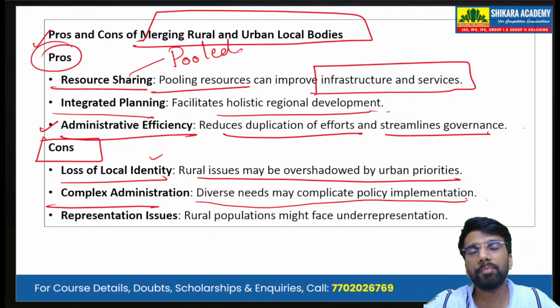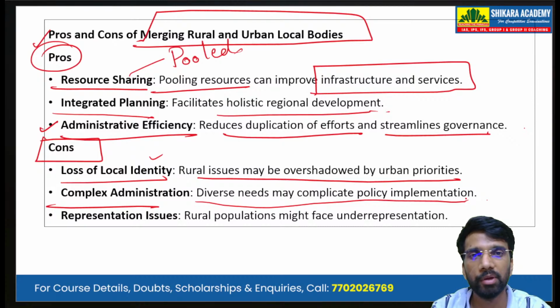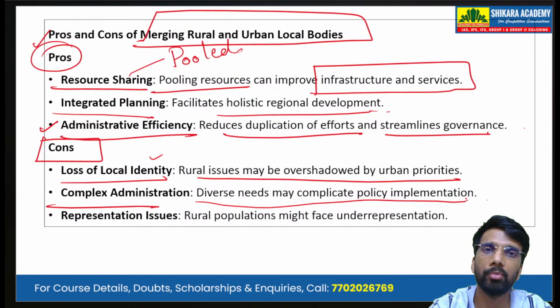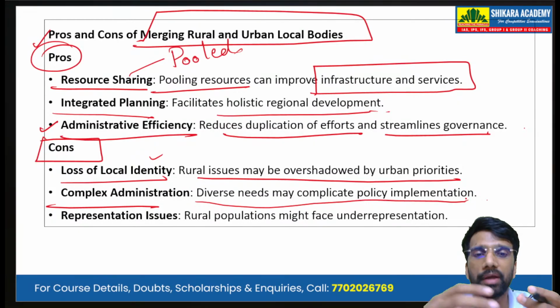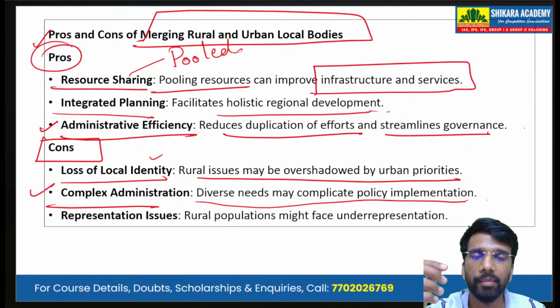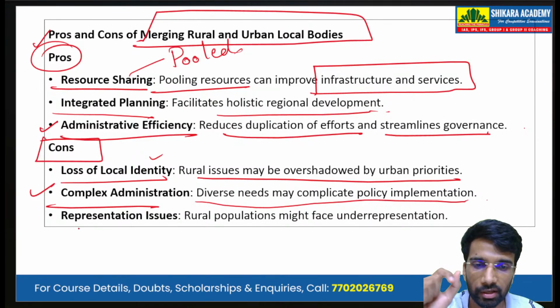If the urban local body is separate, it will specifically implement a scheme in the urban areas, and the rural local body will implement that scheme in the rural area. But if we merge them both, it will create complications. It will make the administration complex.